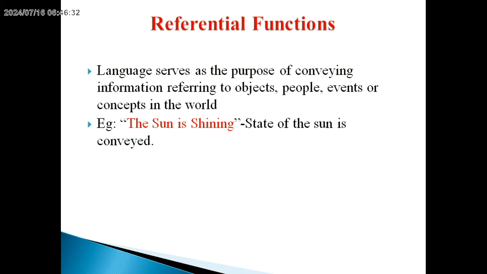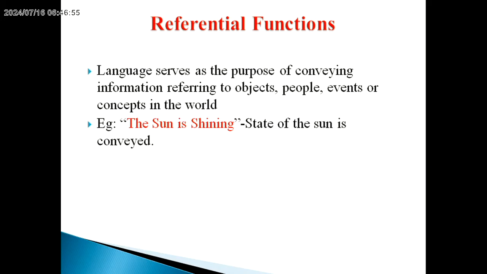The first one is the referential function. Language serves the purpose of conveying information, referring to subjects, people, events, and concepts in the world. According to Jakobson, the referential function is language used only for conveying some information.